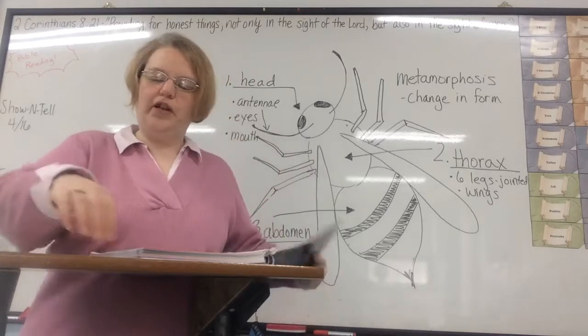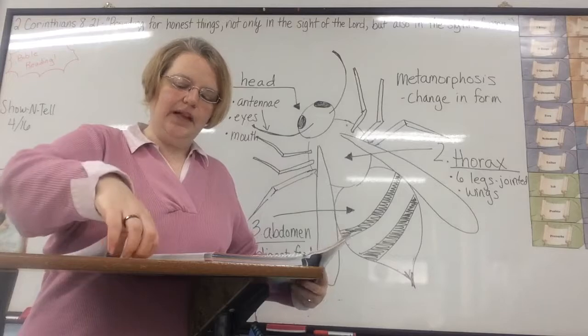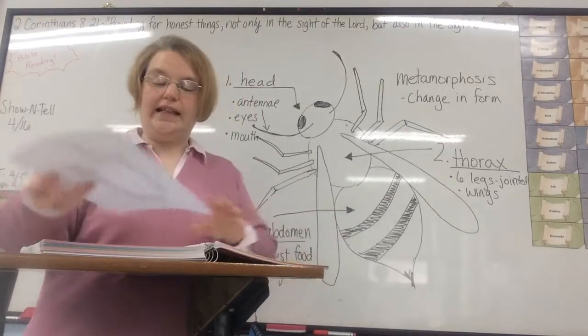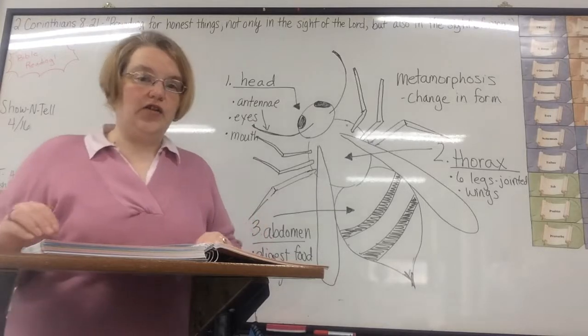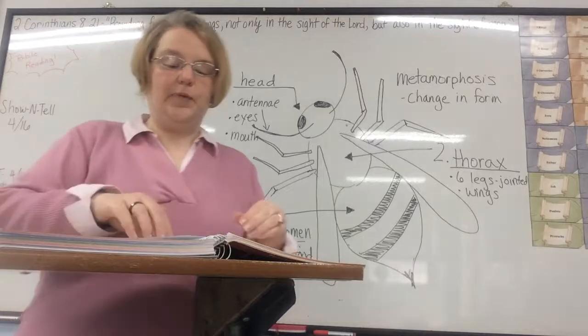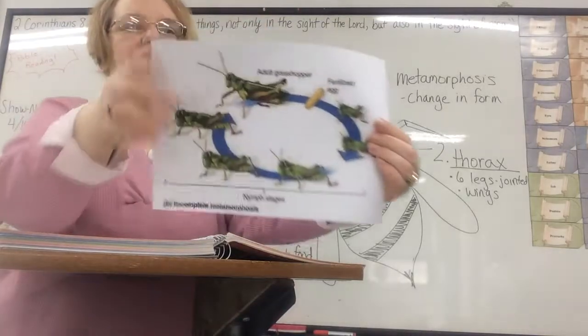Now I have a picture for you of incomplete metamorphosis. It looks like there are more than 3 stages in this picture, but remember, it's 3 main stages, and I'll explain it to you. Okay, so we have a picture of a grasshopper.